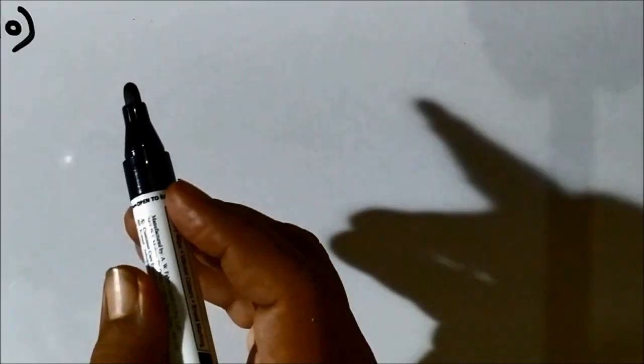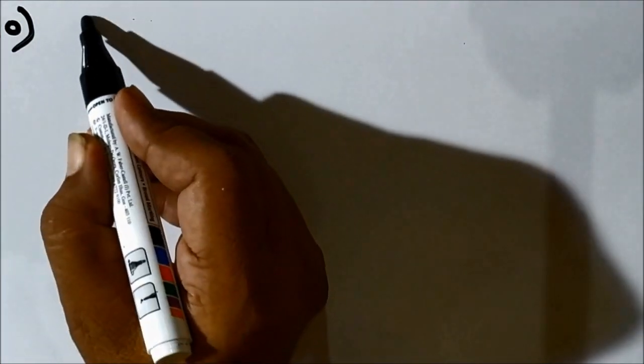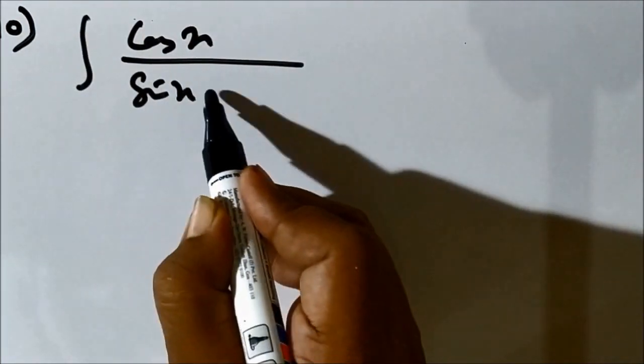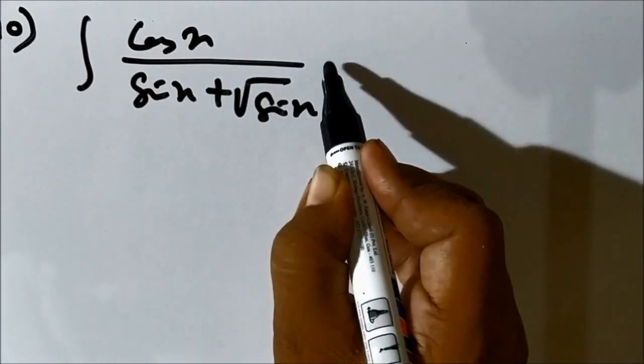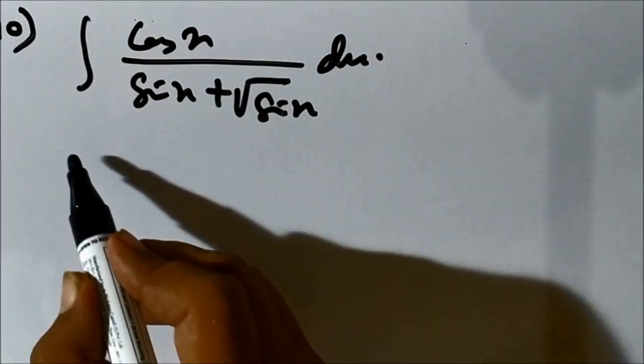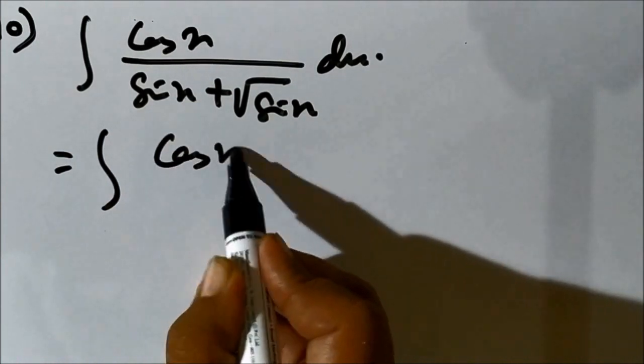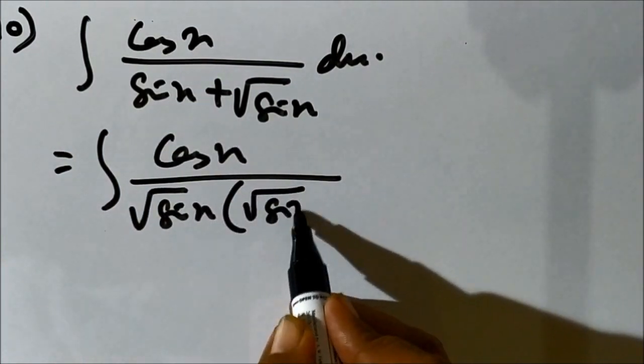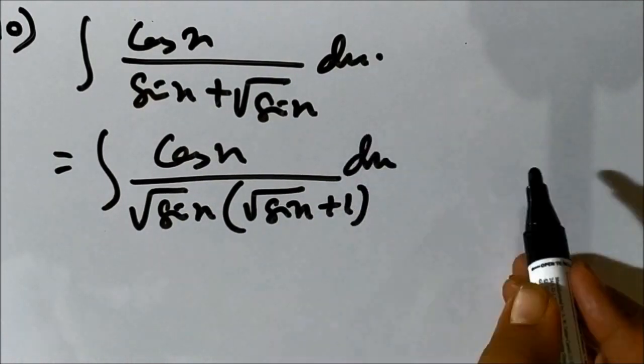Answer. Question number 10. Integrate cos x by sin x plus root sin x dx. This is equal to cos x, taking root sin x as common, this becomes root sin x into root sin x plus 1 dx.